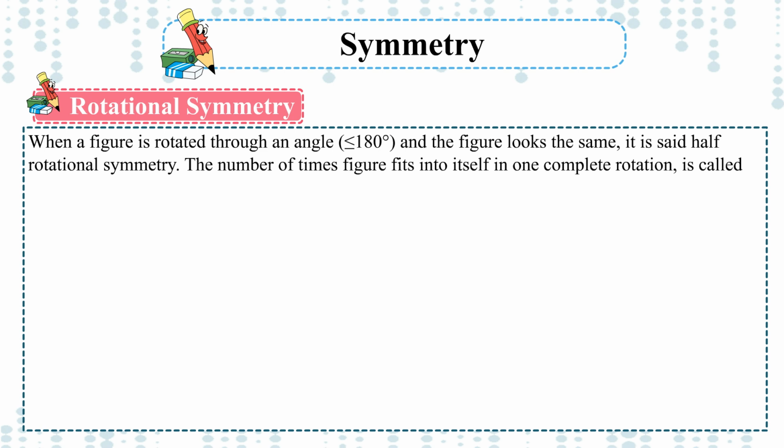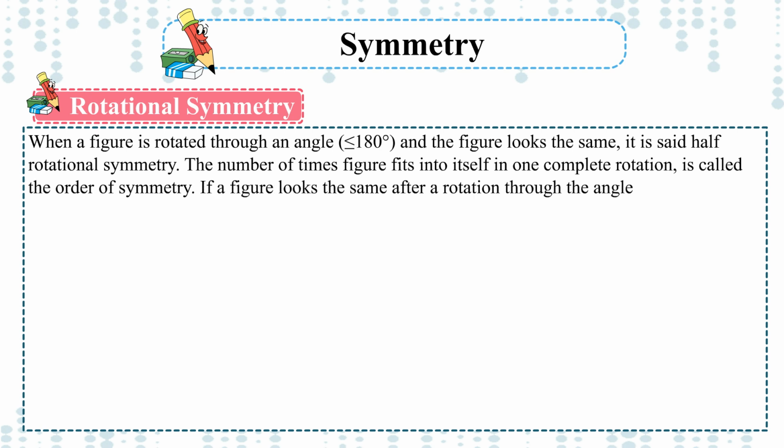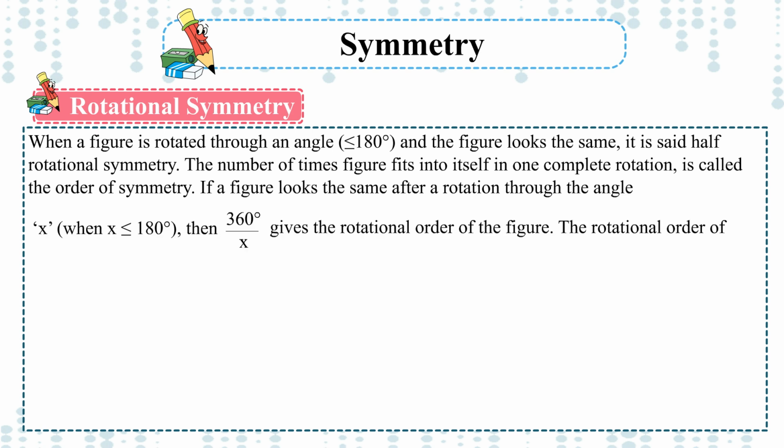The number of times a figure fits into itself in one complete rotation is called the order of symmetry. If a figure looks the same after a rotation through the angle x, where x is at most 180 degrees, then 360 degrees upon x gives the rotational order of the figure.